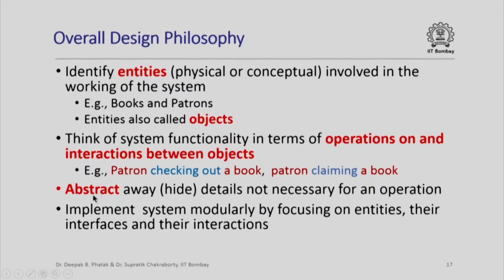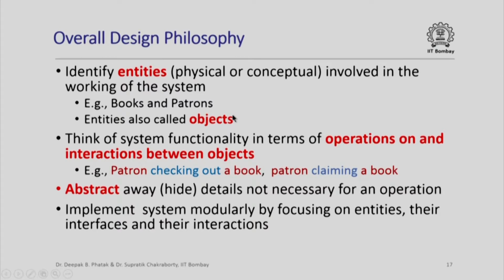And what we will see later in the course is that in this paradigm, what we often try to do is abstract away or hide details that are not necessary for a particular operation. We will look at more examples of abstraction or hiding details later in the course. So in the object centered design philosophy that we are talking about over here, we are going to implement a system modularly by focusing on these objects or entities.